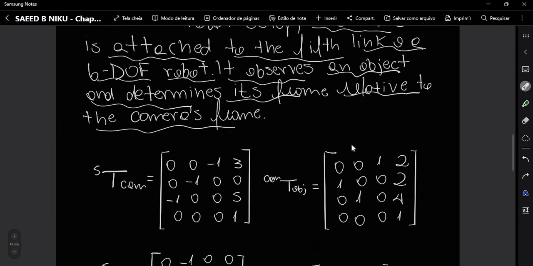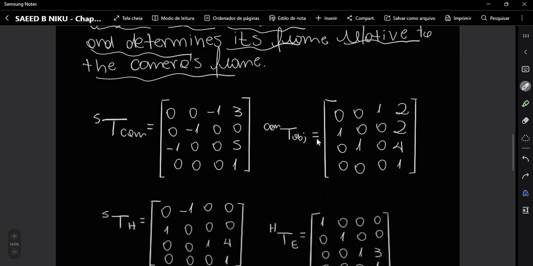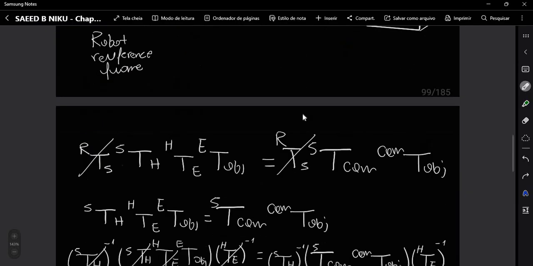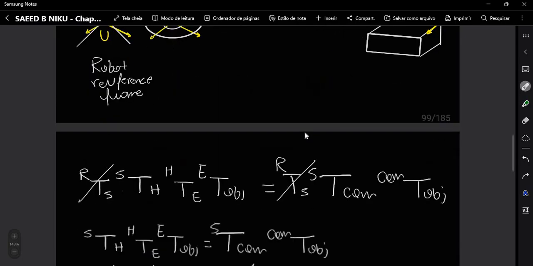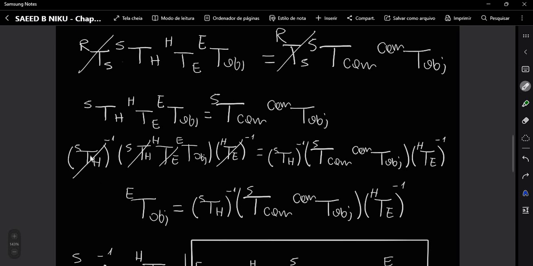Maybe this example on the topic 2.15. If you remember, we were doing this example in which we have a camera attached on the end effector, and in order to know the final position and orientation of this camera referenced to this object, we use inverse transformations, as you can see.